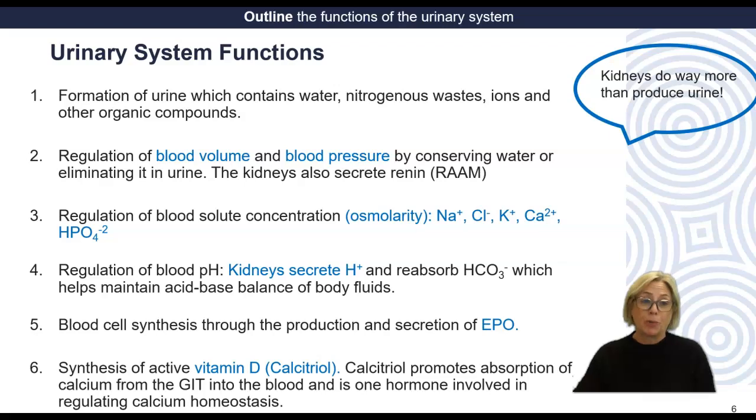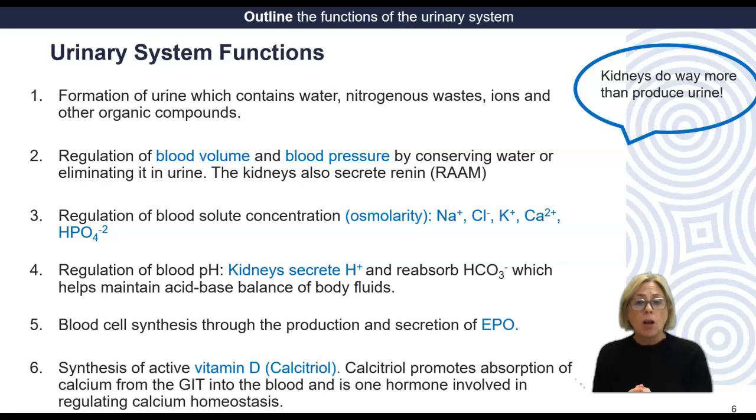The next one, you know about blood cell synthesis through the production and secretion of erythropoietin or EPO. Remember, EPO is made by kidney cells, it travels then to the bone marrow where it will upregulate the formation and maturation of red blood cells, white blood cells and platelets, so those formed elements of the blood. And finally, the synthesis of active vitamin D, otherwise known as calcitriol. You've learned about this as well.